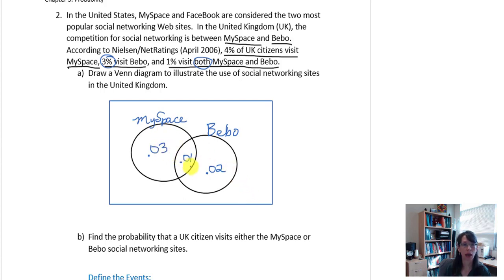If we already have 6%, that means 0.94 of UK citizens are not using either one of these social networking sites. So don't forget to include that percentage out in the universe. So we have completed drawing the Venn diagram to illustrate the use of social networking sites.